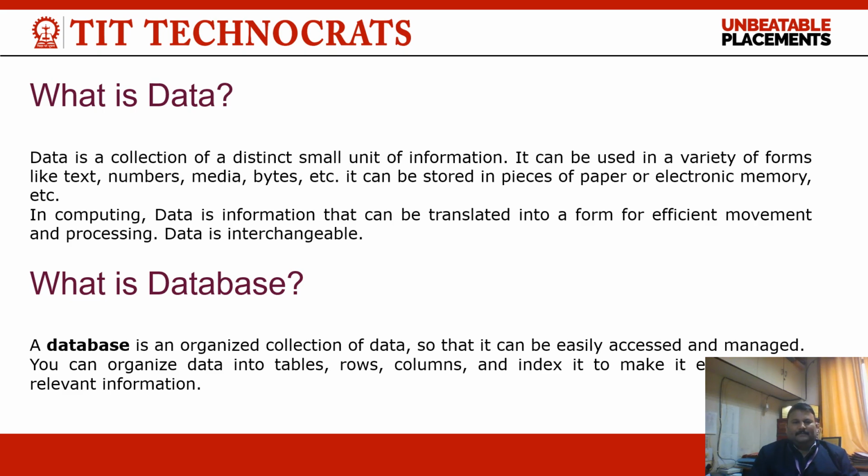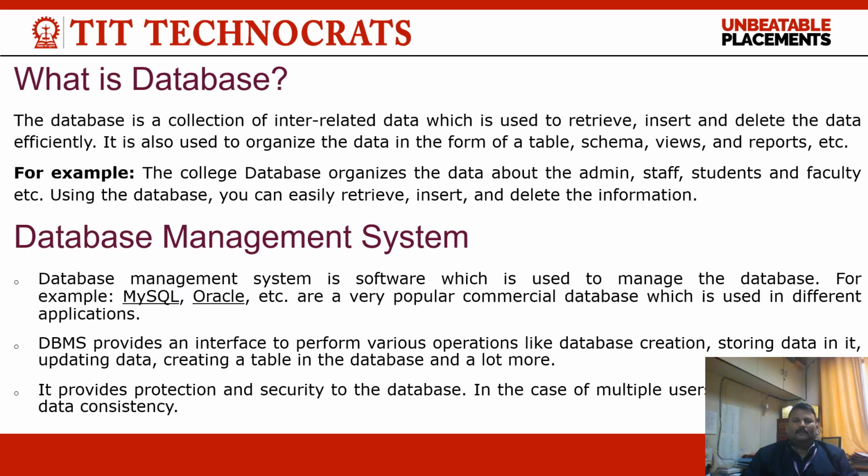So a database is basically an organized collection of data so that it can be easily accessed and managed. You can organize data into tables in the form of rows and columns, and index it. A database is a collection of interrelated data which is used to retrieve, insert, and delete data efficiently.